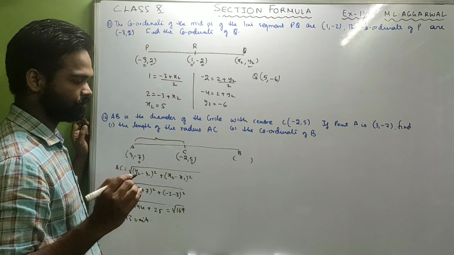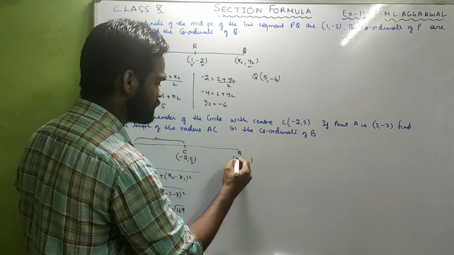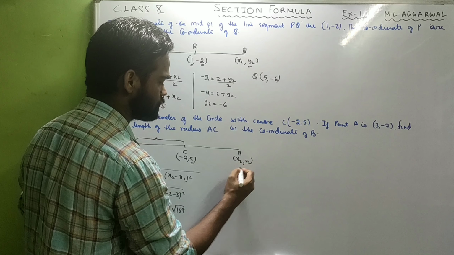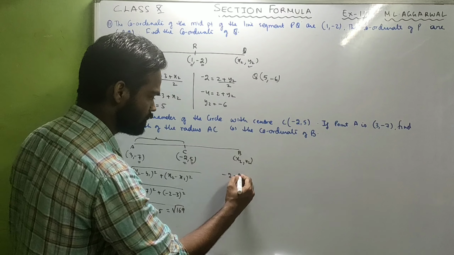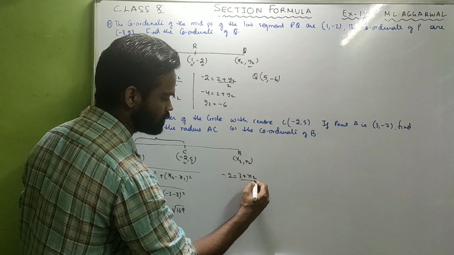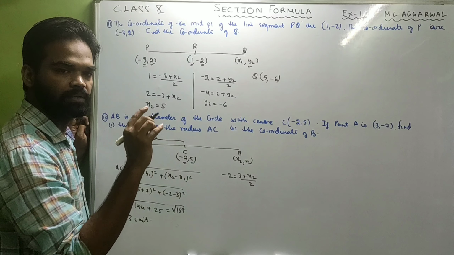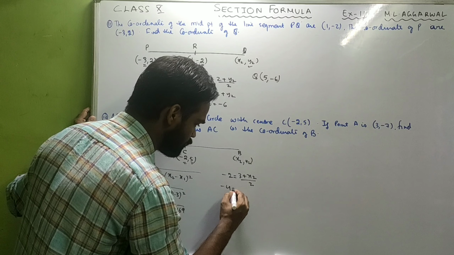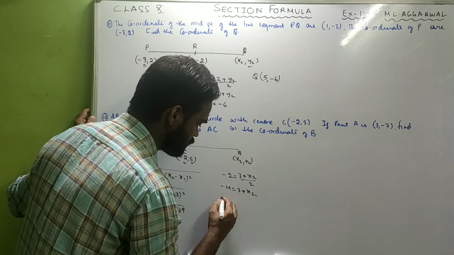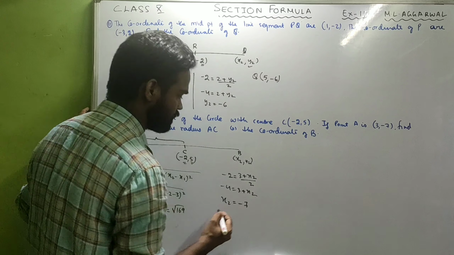No doubt in that. And this, we just did it. Suppose this is x2 comma y2. Then x, which is minus 2, equals x1, 3, plus x2 by 2. Midpoint formula. x equals x1 plus x2 by 2, which means minus 4 equals 3 plus x2, which means x2 equals minus 7.